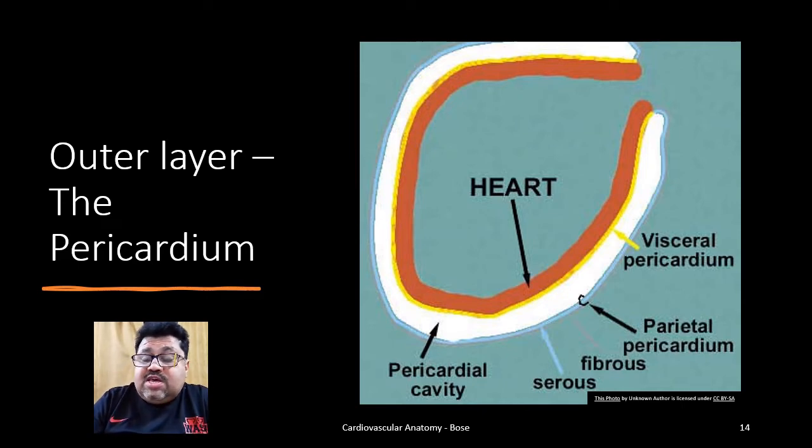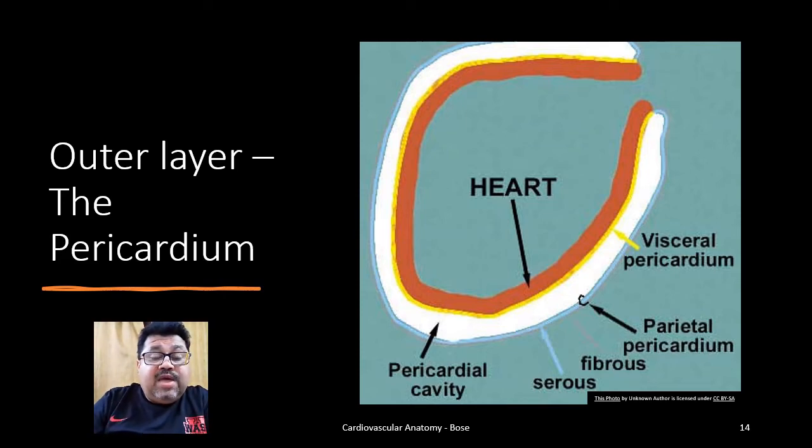That means that it is capable of expanding under abnormal circumstances. However, it is a space that is separated by 10 to 20 milliliters of clear pericardial fluid that allows the surfaces to glide without allowing it to separate.